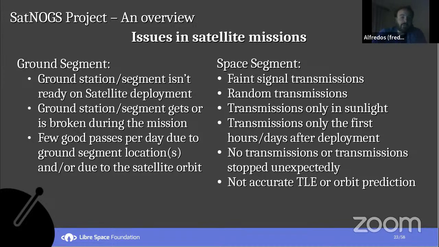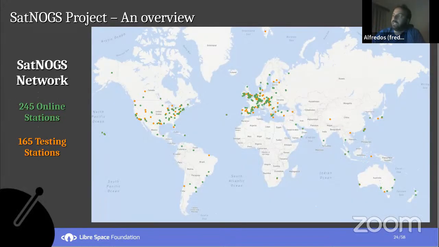And finally, another issue is that sometimes the orbital data are not very accurate. So in all these problems, more or less we can help the teams with our SatNOGS network, a global network of 245 online stations and 165 testing stations, stations that are near to start participating in the network.